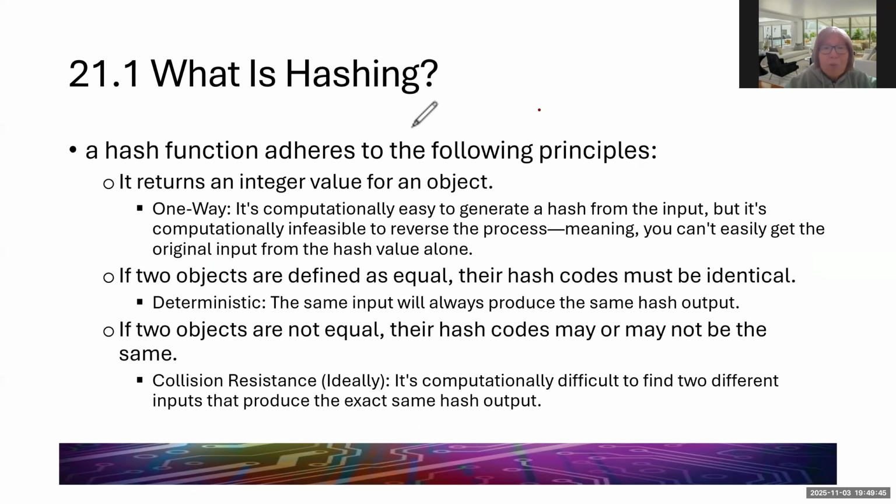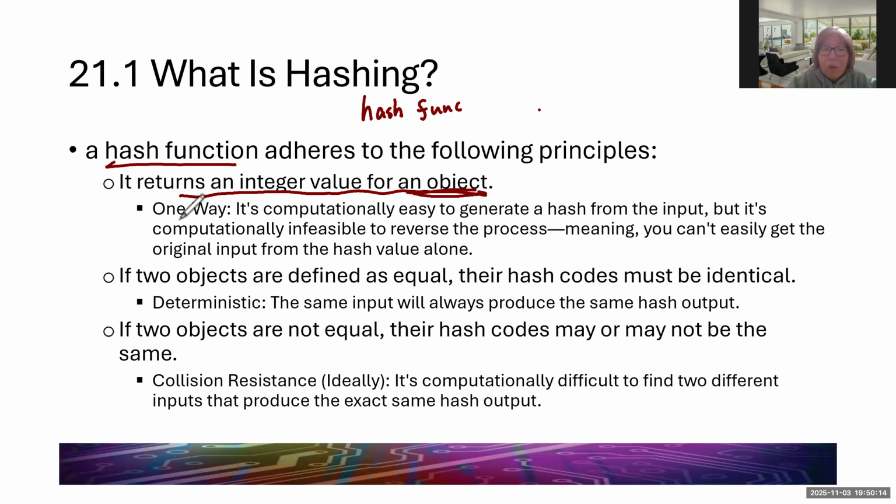In hashing, a hash function is very important. Not any function can be a hash function. A hash function needs to adhere to certain principles. First, it returns an integer value for an object, so you plug in an object and it returns an integer value.